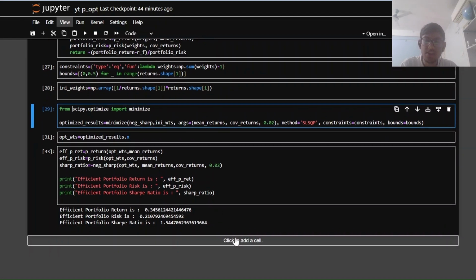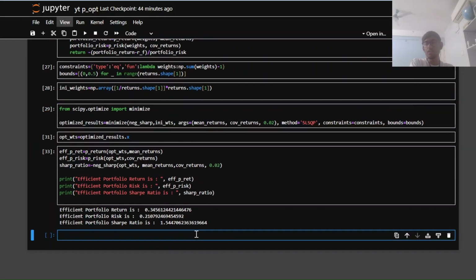And yeah, one thing that we can see is how many assets in your portfolio have a weight allocated to them of more than some 0.1%, right? So we can do that by just executing this line of code here. So print number of stocks in portfolio, length of, so our variable is opt weights, right?